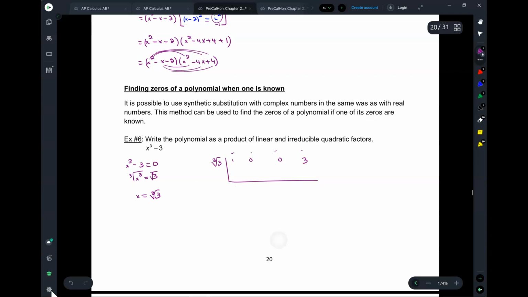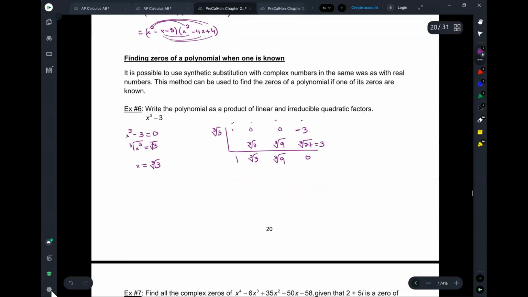Okay, 1 comes down, multiply cube root of 3, cube root of 3. Multiply by this, and I get the cube root of 9. Multiply again, I get cube root of, I'm sorry, this was supposed to be a negative 3. Cube root of 27, which is 3, and when you add them, you get 0.